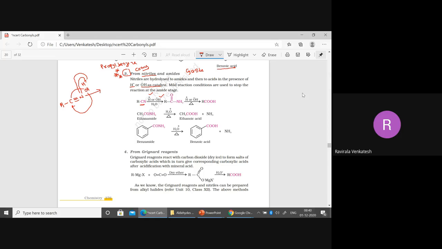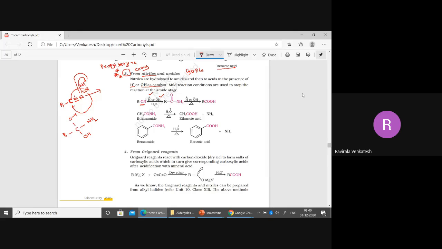That means this carbon gets two OH groups, and this nitrogen gets two hydrogens, because 2 H plus and 2 OH minus.